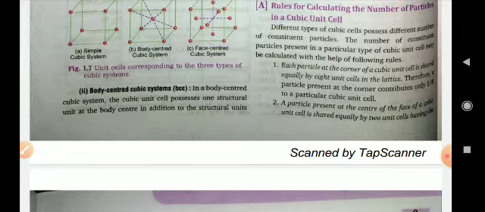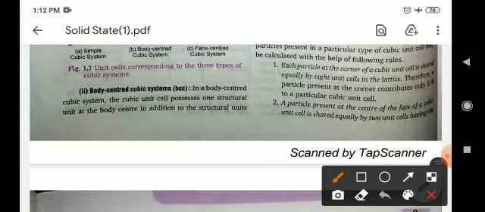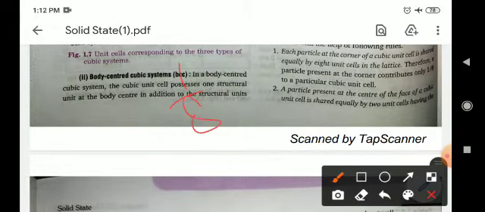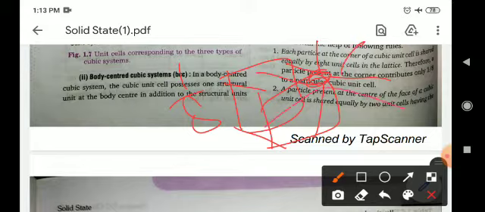Means 1 corner point is shared by a total of 8 unit cells. So the contribution at the corners for an atom will be 1 by 8.